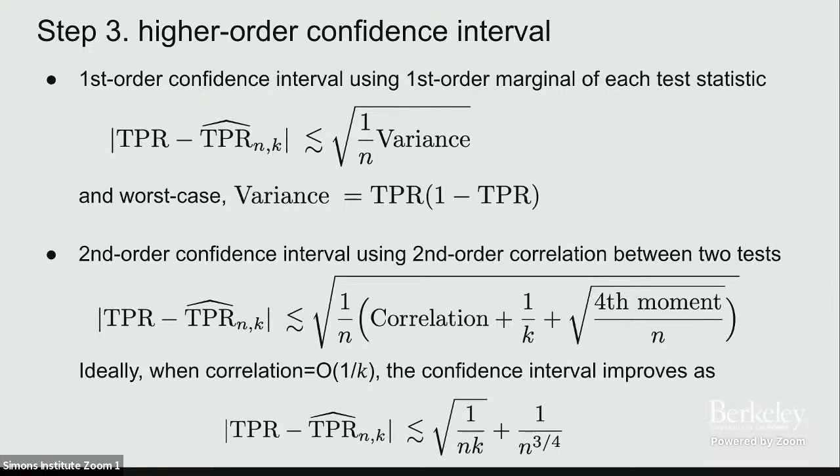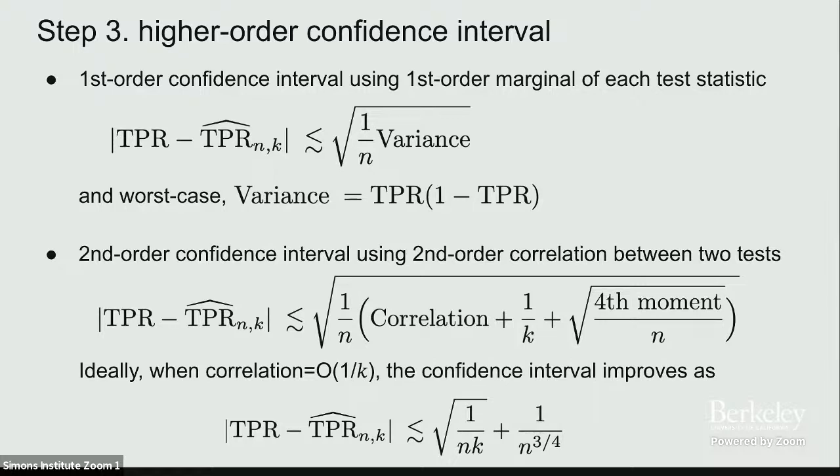And without going into too many details, what we could show is that as long as the correlation between these random variables is well behaved, ideally on the order of 1 by k, suddenly we reduce the confidence intervals to root 1 by nk. So we got that extra factor of k that we were looking for. But again, this needs to be well behaved. So now it's a question of, for a specific construction, for a specific application, is this correlation well behaved?